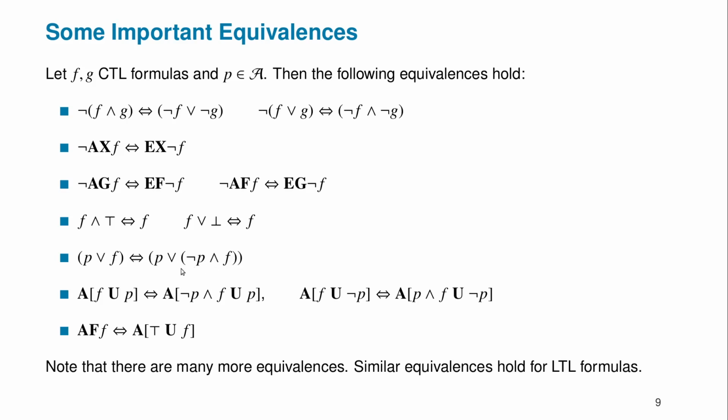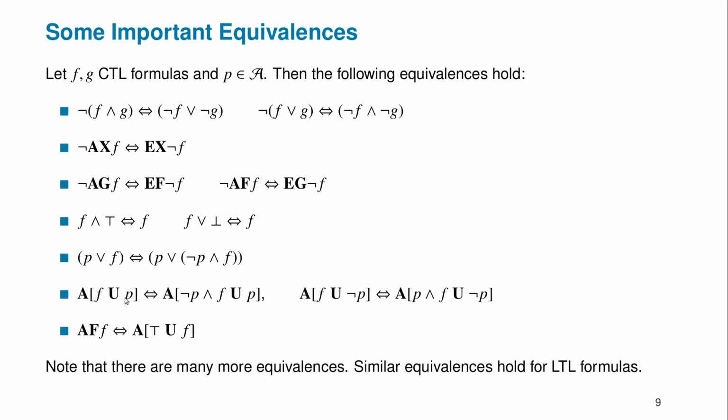Yeah, this looks a bit as if you're making the formula more complicated, but later on we will see that we need this rewriting for transforming formulas into a certain structure. Yeah, then here we have AF until P, where P is a variable, an atom.